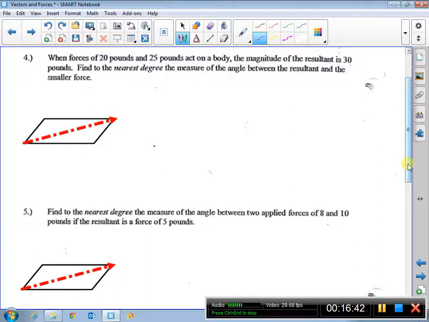When 2 forces of 20 pounds and 25 pounds, so my 2 forces, put the 20 here since it's smaller and the 25 there, act on a body, the magnitude of the resultant is 30. Okay. Find to the nearest degree the measure of the angle between the resultant and the smaller force.